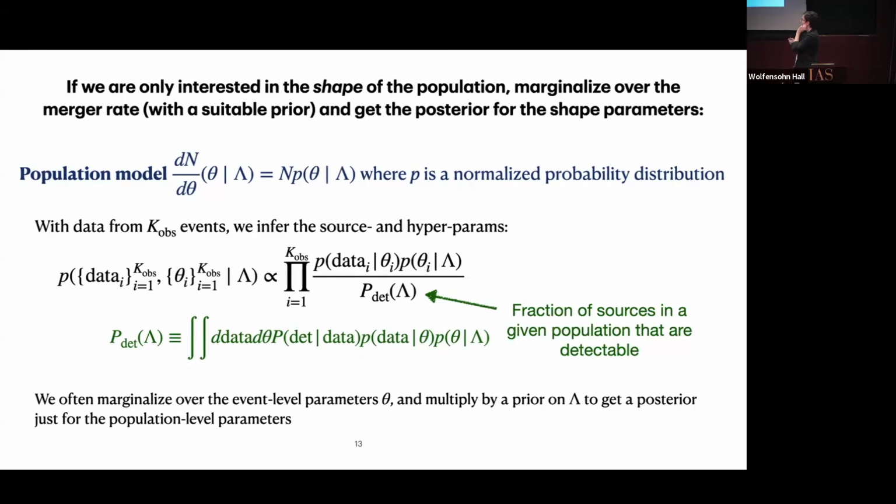So what I mean by shape of the population versus the overall rate is you can write your population model dN/dtheta as just N, which sets the overall normalization, and then p of theta given lambda, which is a normalized probability distribution, like a power law or a Gaussian, for example, which tells you how the theta are distributed.